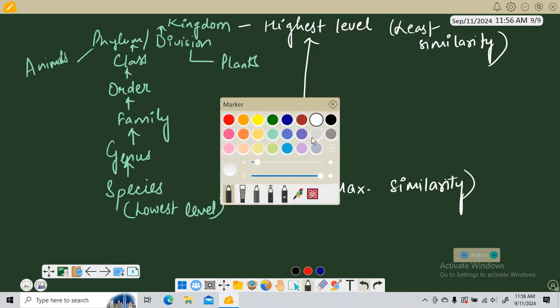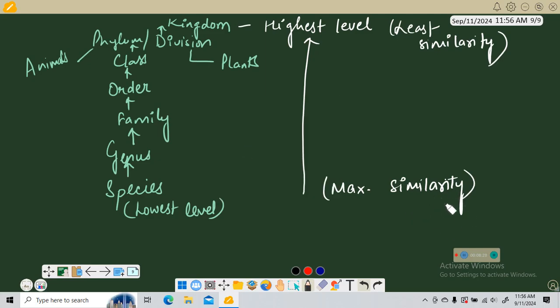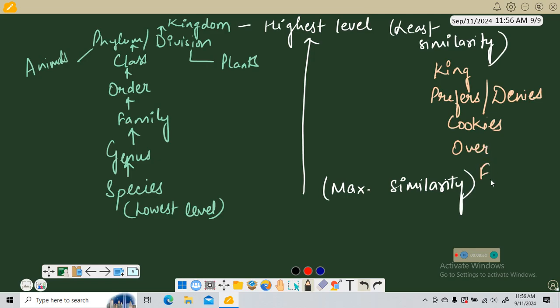Now how to remember these steps? There's a chart, a memory trick to learn. King prefers or denies cookies over fresh green spinach.